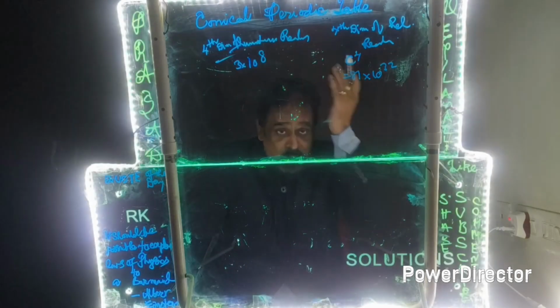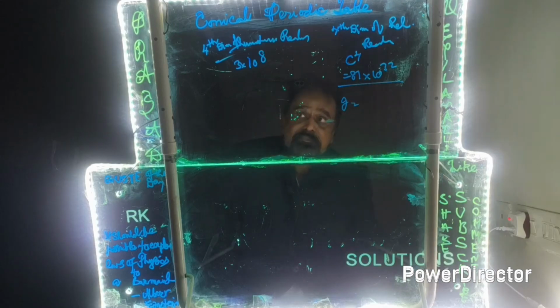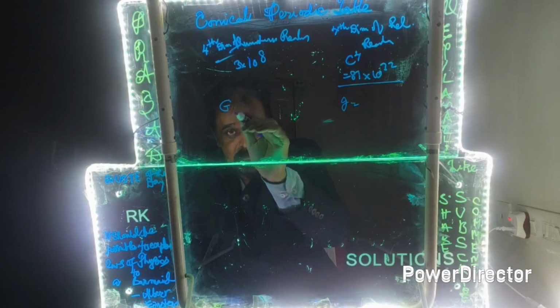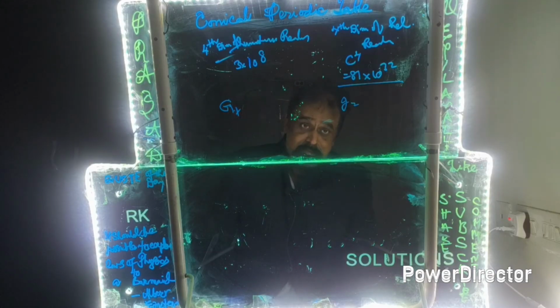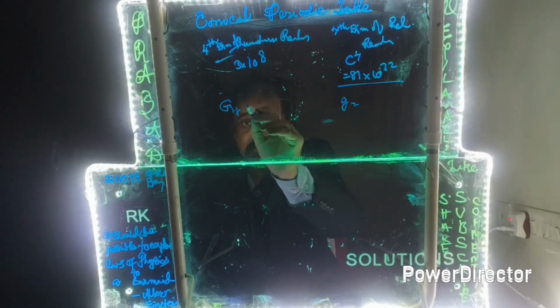So what holds good to compute G should hold good for this G. I will call it GT, because graviton, to differentiate from G, the gravitational constant.